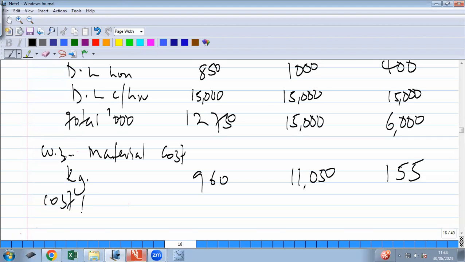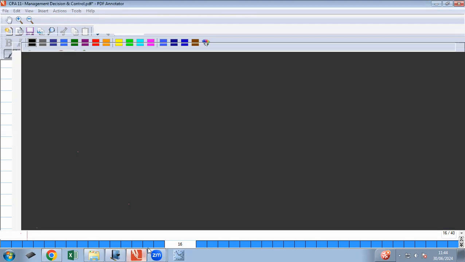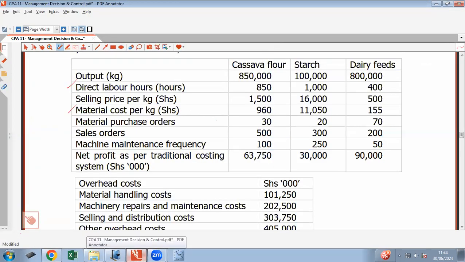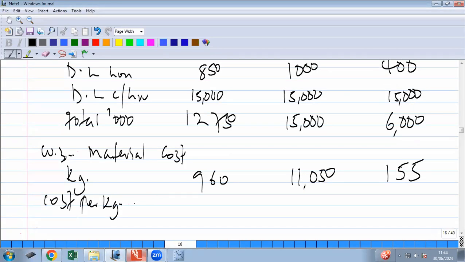Okay, then what is this material cost per? This is cost per kg. They have given us in this question the cost per kilogram. First of all, the kilograms are this, right? Yes, this was the cost per kilogram, not kgs. Need to adjust. This is cost per kilogram, what you have given me. But now I need the kilograms.